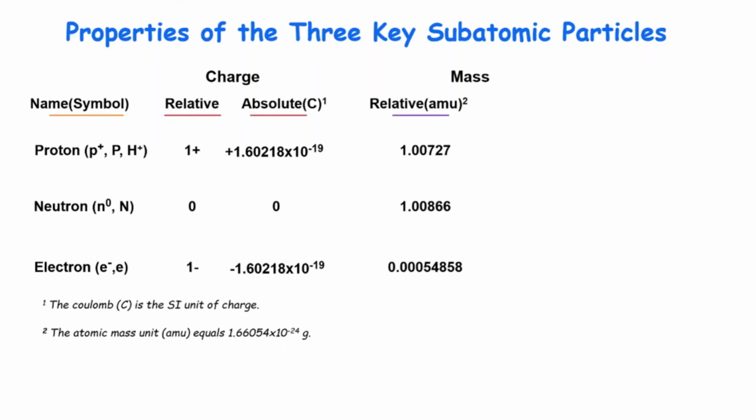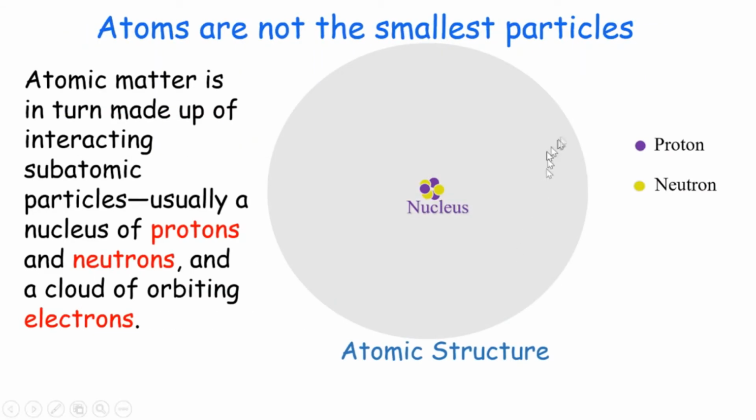Very, very low mass. But look at the electron's mass. It's less than 1/1000 of a proton or neutron. What does it mean? It means the nucleus is very, very heavy. Since protons and neutrons are much, much heavier, the mass of an atom is concentrated in the nucleus.